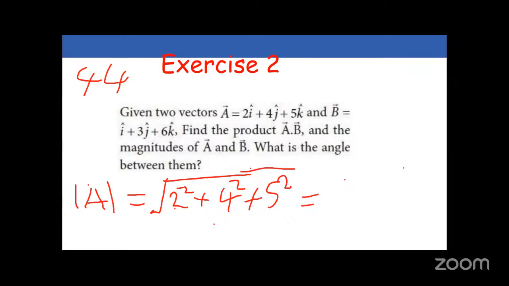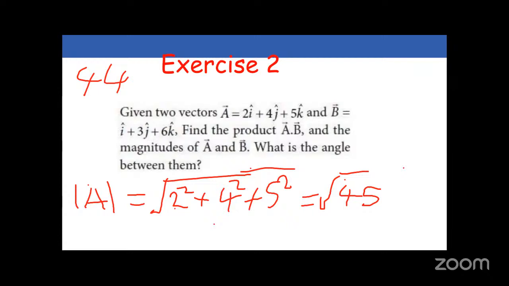So 2 square is 4, 4 square is 16, that is 20. 5 square is 25, 20 plus 25, that is 45. Square root of 45 is the magnitude of A.